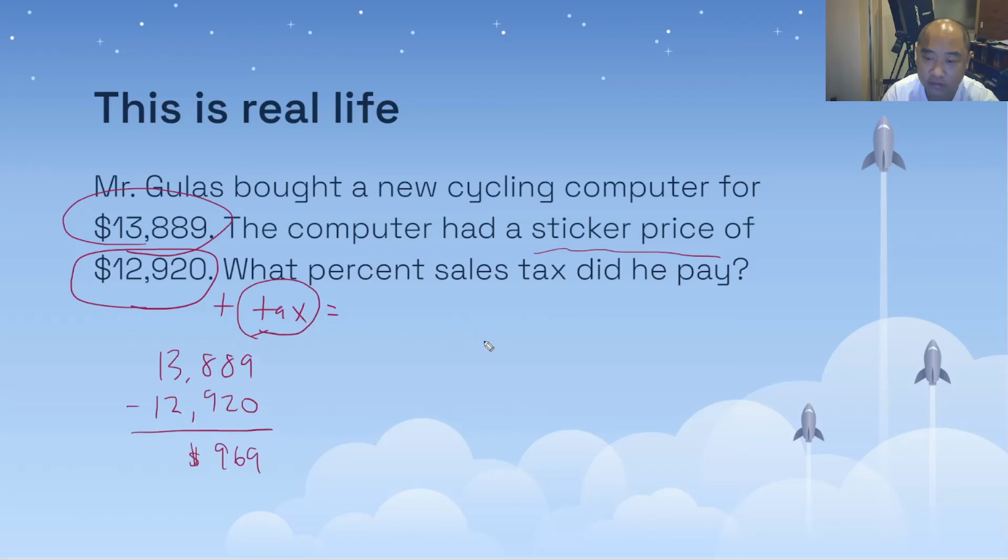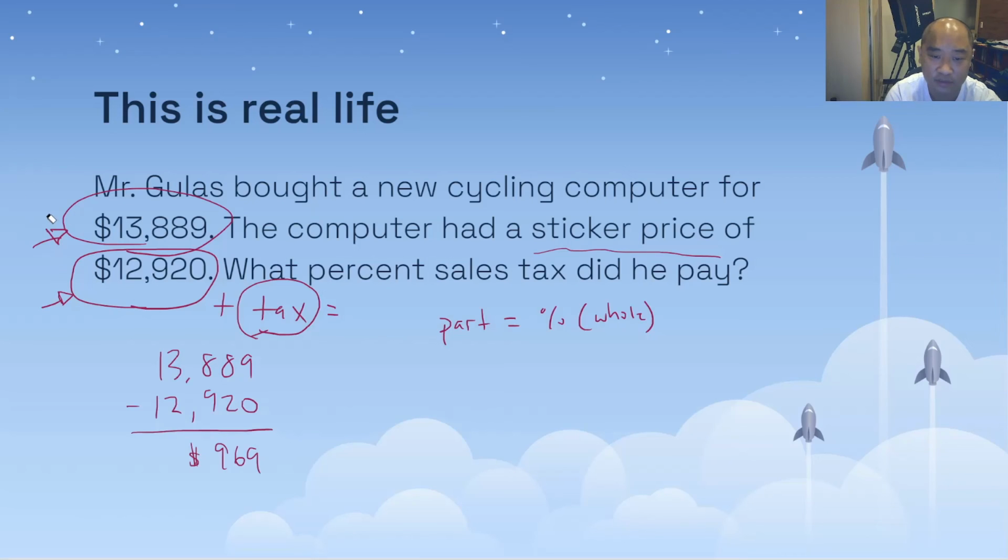So if we look at our percent equation, it's part equals percent written as a decimal times the whole. So our whole here is, I'm sorry, no, 12,920.